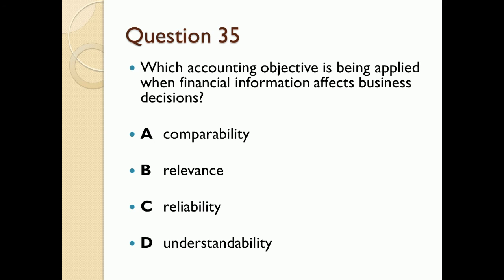Understandability means you are preparing your financial statement in a way which is easily understandable, and if it is complex, then your financial statement is not serving the purpose. As you know, accounting standards are basically prepared to avoid complexity, to increase the understandability of the financial statement. B, that is relevance.